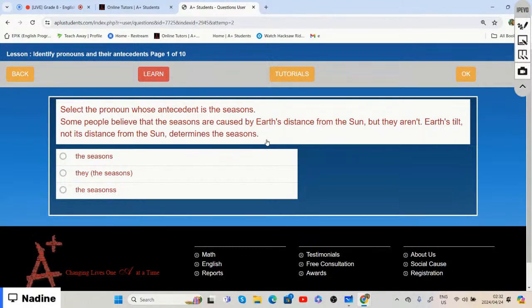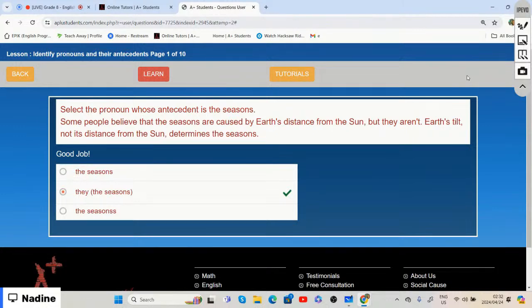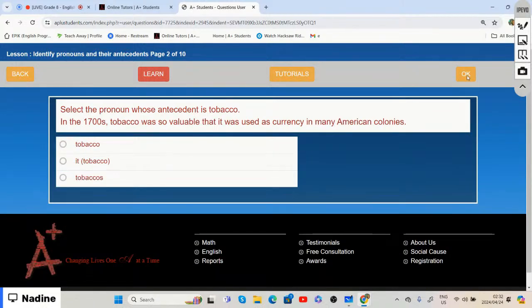All right, and if we were to choose the correct one, or if we were to select the pronoun, they, which is the seasons. So the they, we're talking about the they, whoever the people are that are talking about the seasons, then we say it's they, which refers to the seasons.